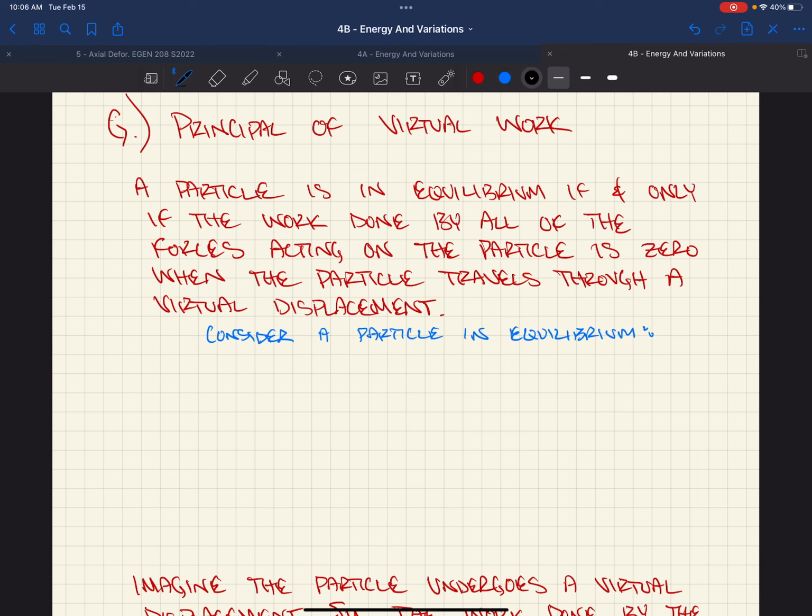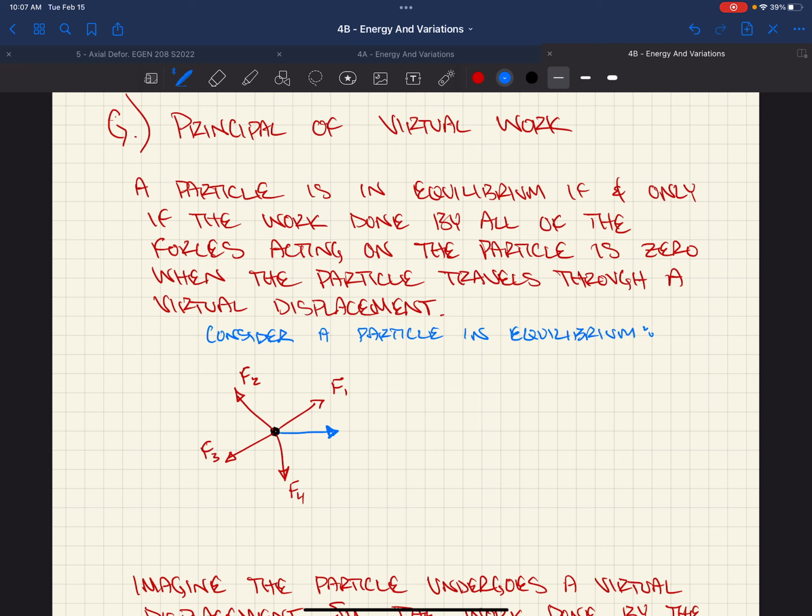If we had a particle, it's our particle, we have all of these forces, F1, F2, F3, F4, and if we were looking at this particle, all the forces acting on a particle is zero when the particle travels through a virtual displacement.